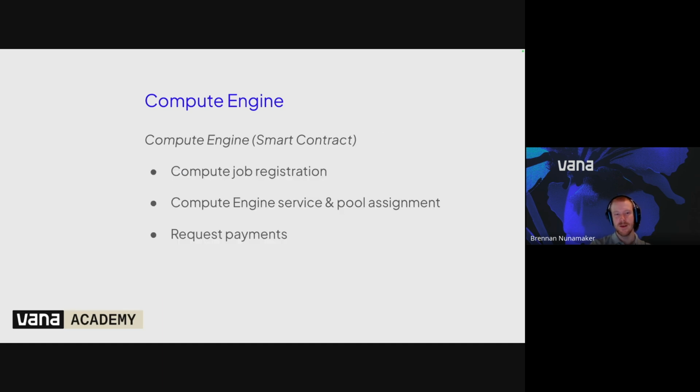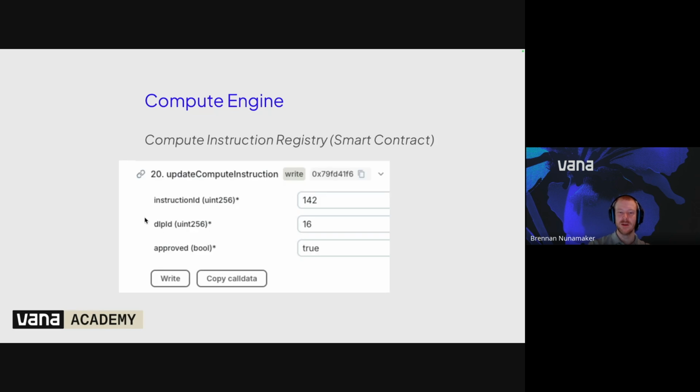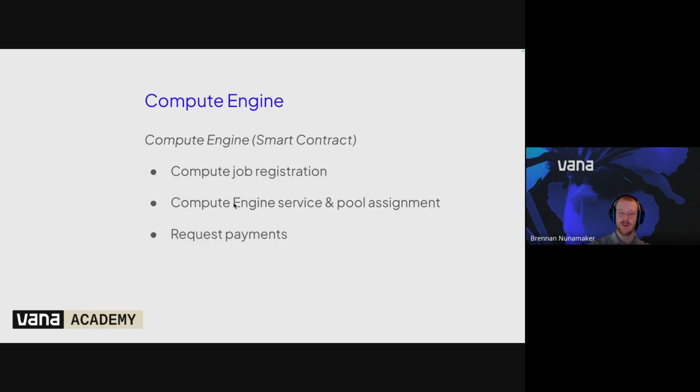The next piece is the compute engine smart contract itself, which handles the compute job registration. So for each compute instruction that we have, we can run multiple jobs at runtime without any extra approval effort.